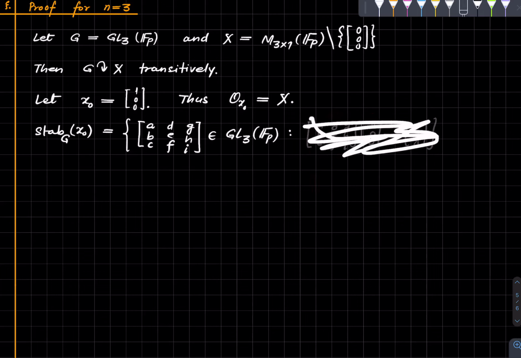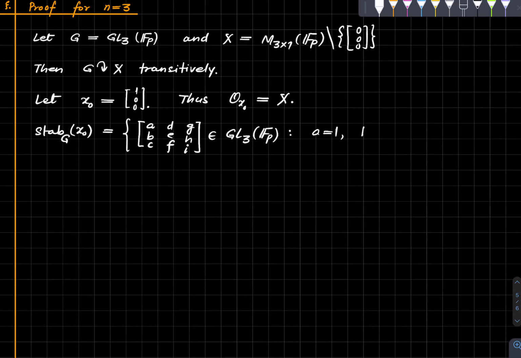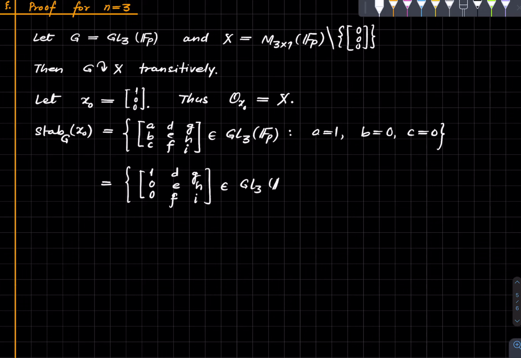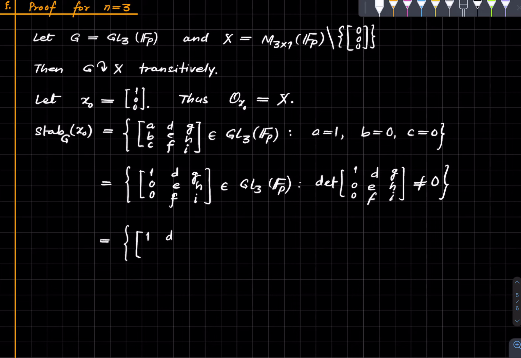So I'll directly write this as A equals 1, B equals 0, and C equals 0, which is nothing but the matrices 1 D G, 0 E F, 0 H I in GL3FP, such that the determinant is non-zero.